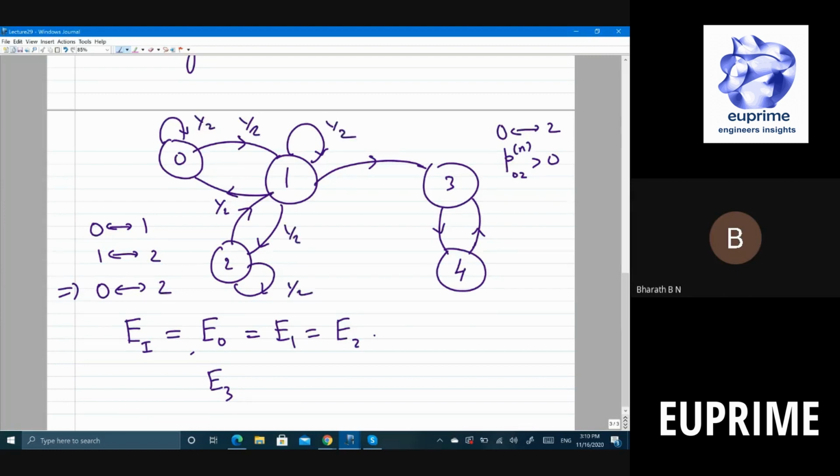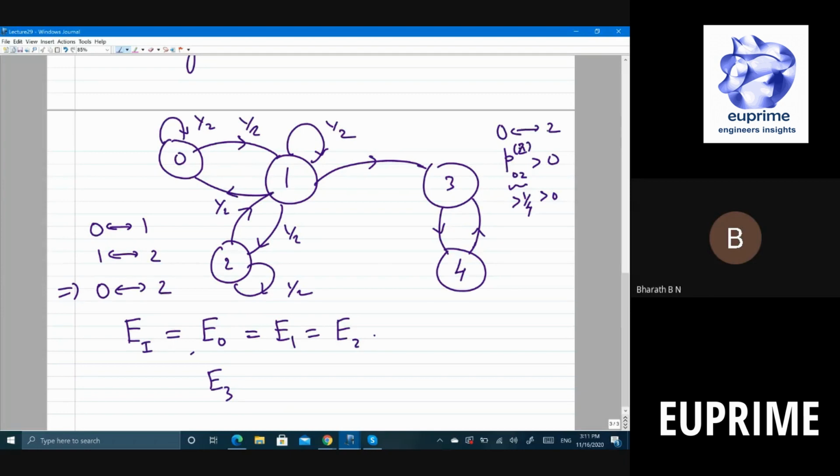Half everywhere. What is the probability that it can go from 0 to 1 to 2? This is at least 1 by 4, right? Which is greater than 0. In how many steps? 2 steps. So P0,2 in 2 steps is greater than 0. Therefore, 0 can communicate with 2.